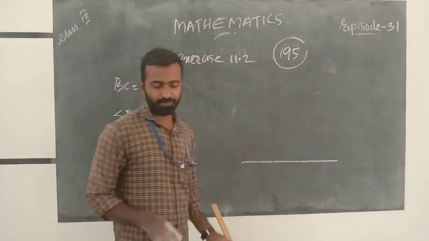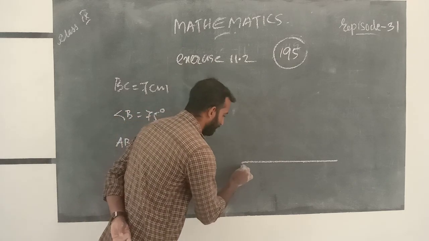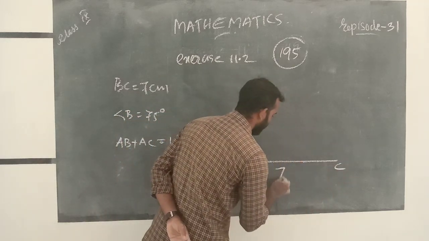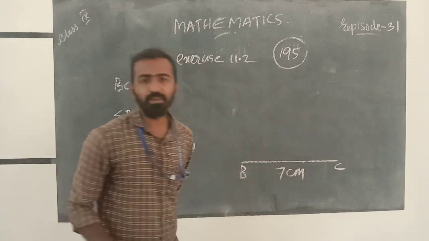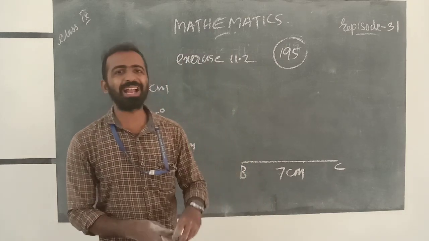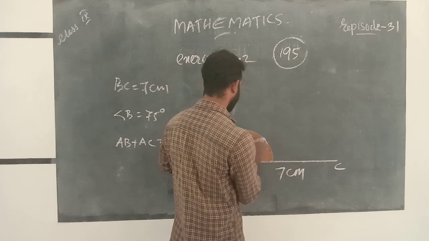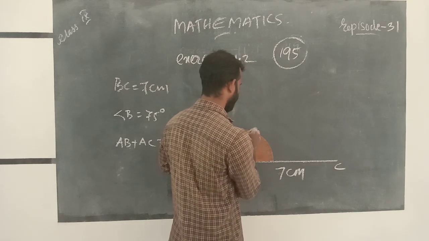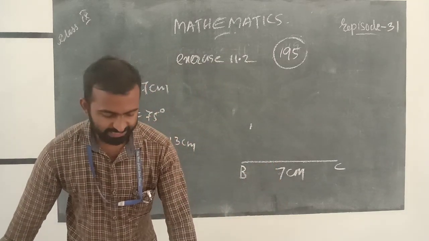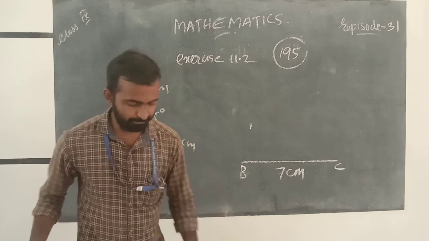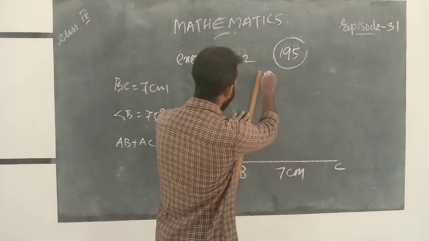Next we draw the base BC, 7 cm. And next we mark the angle B as 75 degrees. We draw a line.